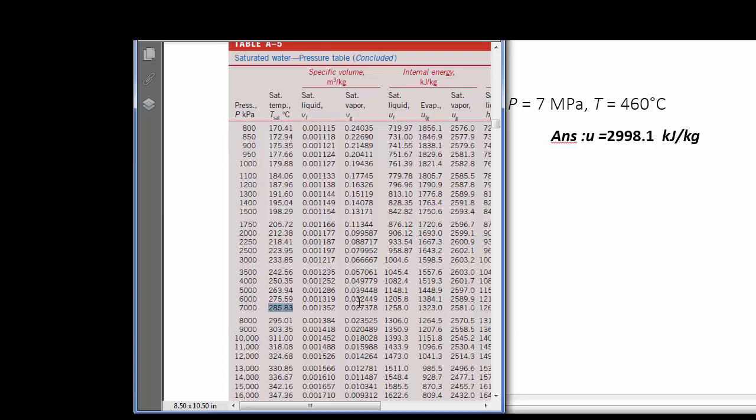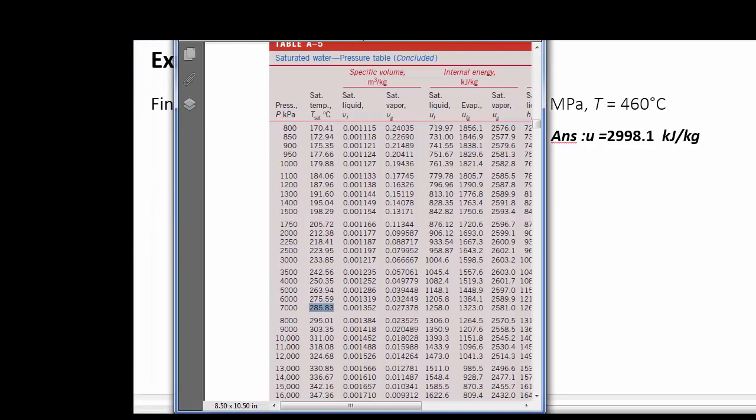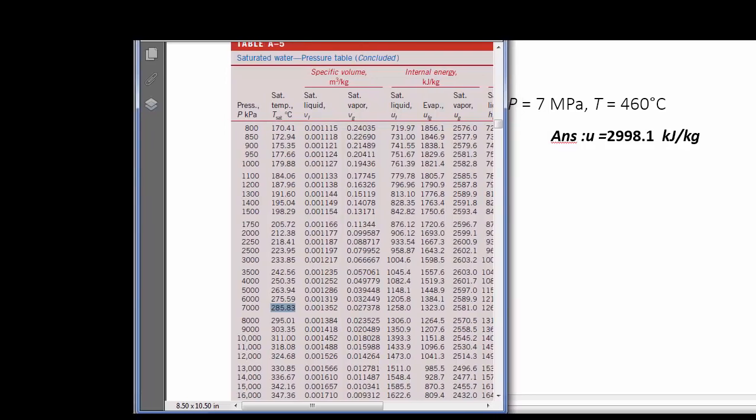Is your temperature above this or below this? 460 is apparently above this, meaning if the temperature given is above your saturation temperature, it is a superheated vapor. You can imagine the case like your water temperature is above your boiling point, meaning your water is superheated vapor.